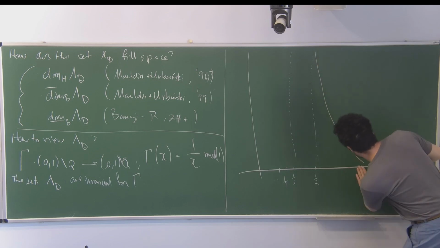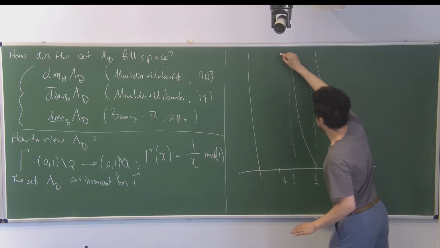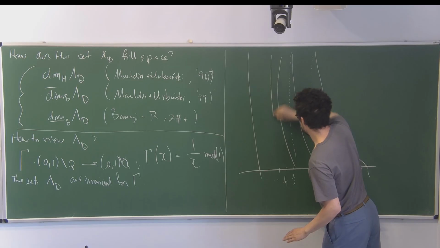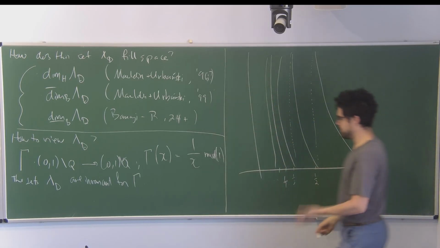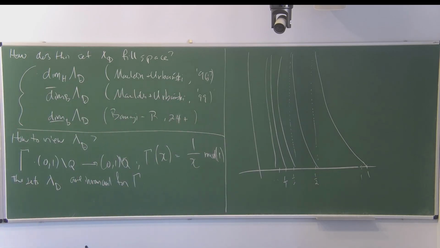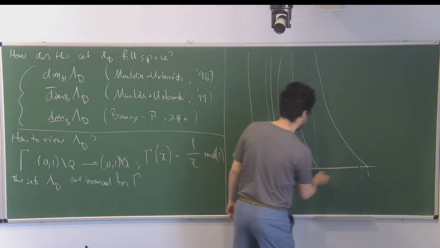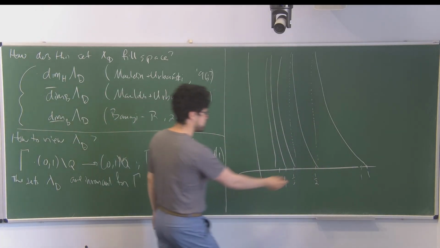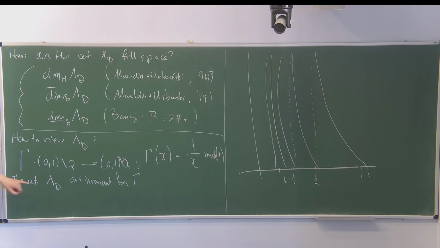One branch like this, and a branch like this. Hard to draw this on the board. So the Gauss map looks something like this, which we have seen. So there are infinitely many branches, one branch for every single digit, and these sets lambda sub d are invariant for the Gauss map.